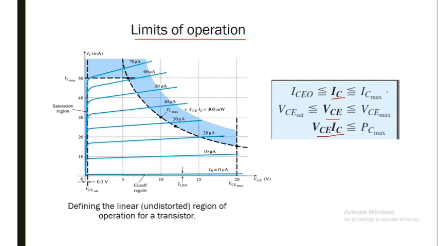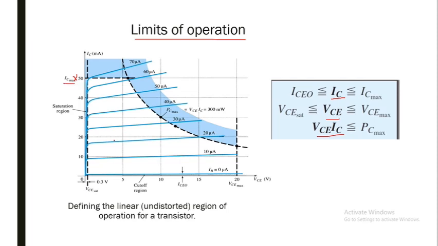In this case, the first inequality defines that IC should be less than or equal to IC max and greater than or equal to ICEO. On the graph, this point, that is 50 milliampere, is the IC max point.